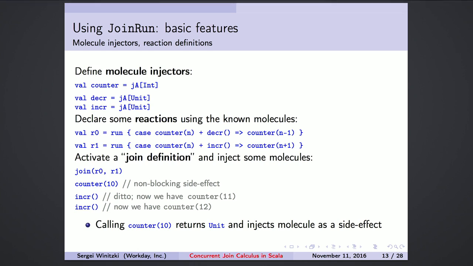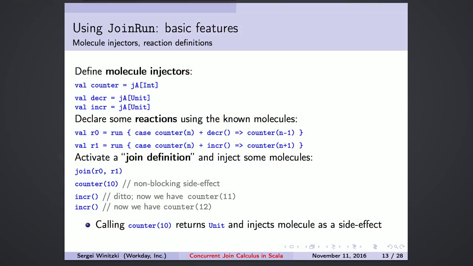We specify the types. We define the reactions, which are just partial functions under this run method. And we define join, which is the two reactions together. And then we inject the molecules with values.